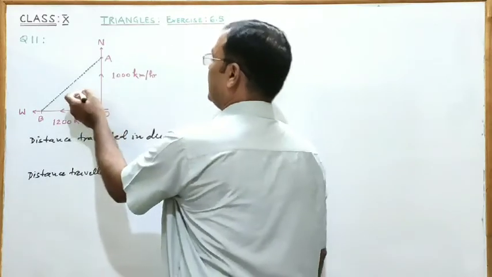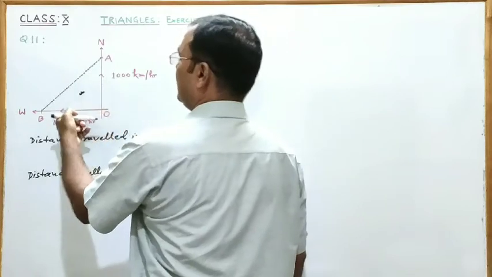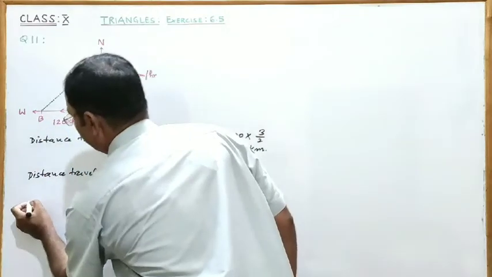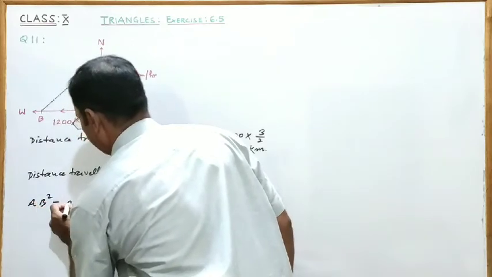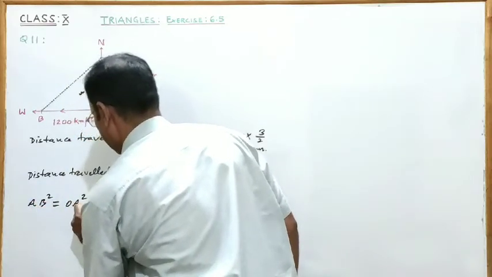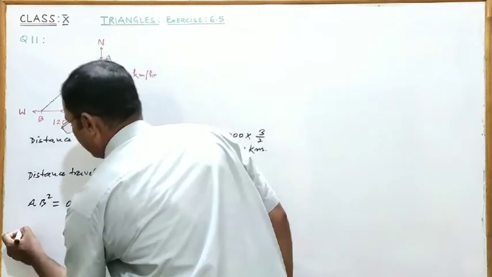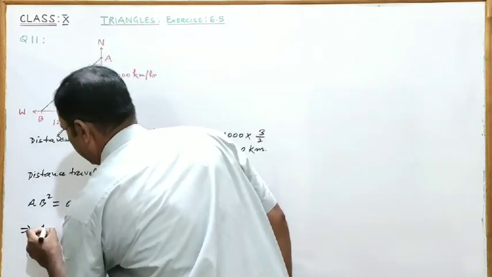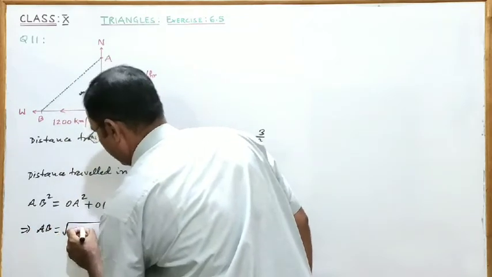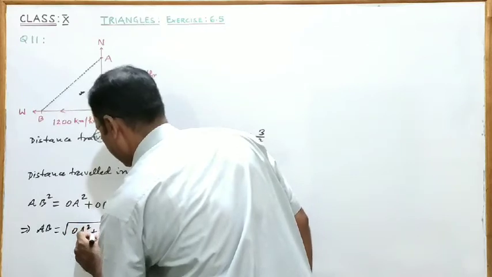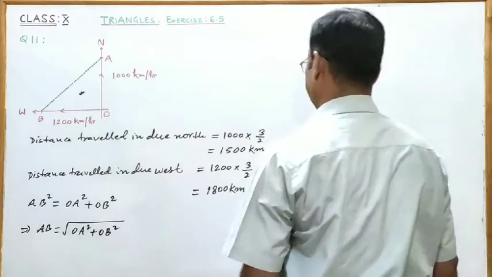So using Pythagoras theorem in this right triangle AOB, we can write AB square is equal to OA square plus OB square. So AB is equal to under root OA square plus OB square.